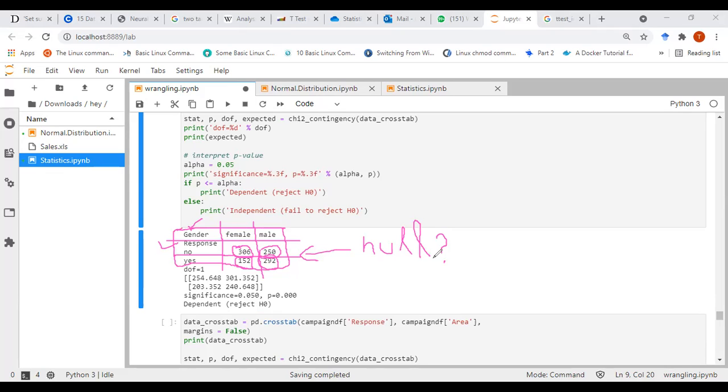The average mean of male and female responses will remain the same for both no and yes. Average what? Average is nothing. There is no average here. I just have two string variables.